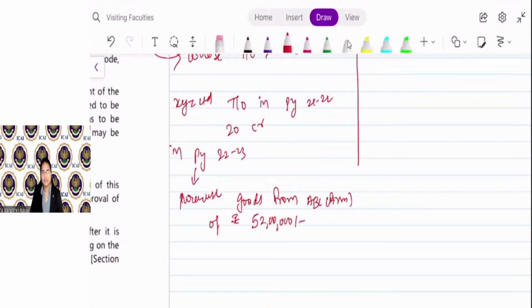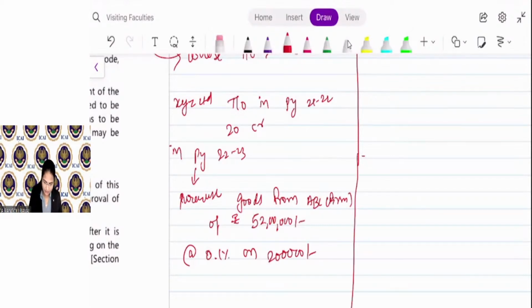Now, XYZ Limited is required to deduct TDS at the rate of 0.1% on 2 lakh. How come 2 lakh? 52 lakh minus 50 lakh, because 50 lakh is the threshold. Above 50 lakh, you have to deduct TDS. So 0.1% on 2 lakh, TDS is required to be deducted.